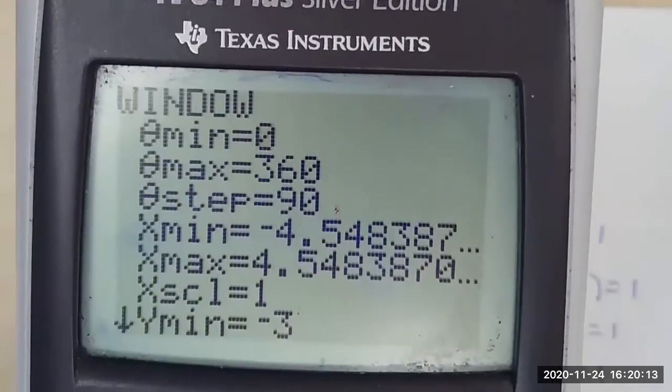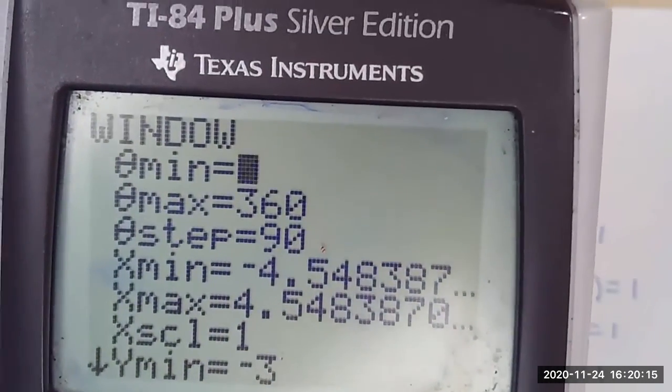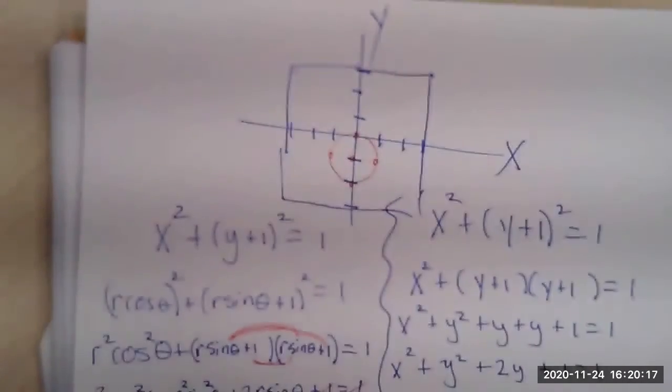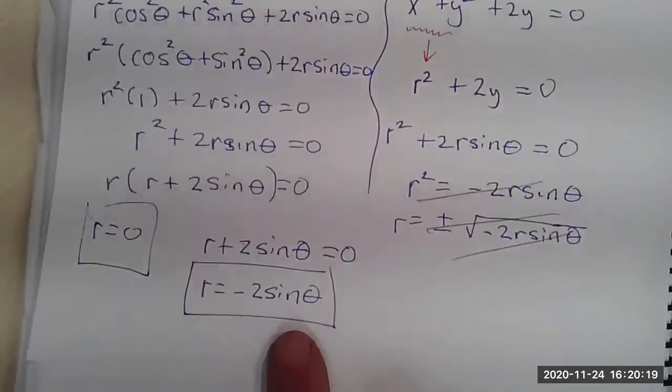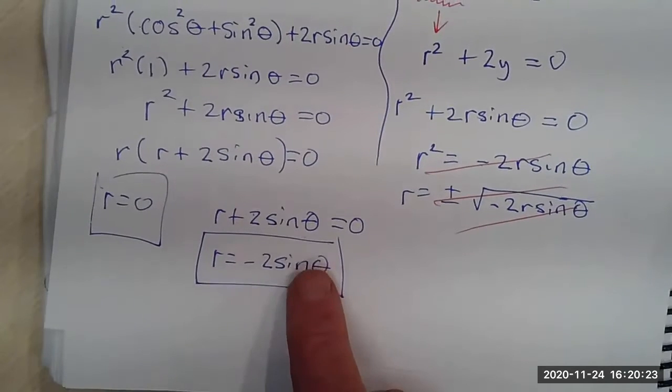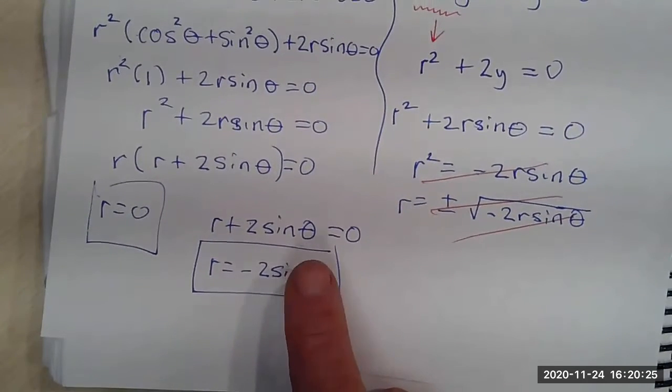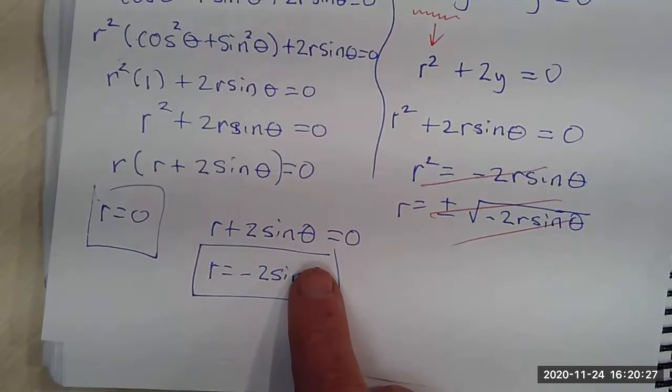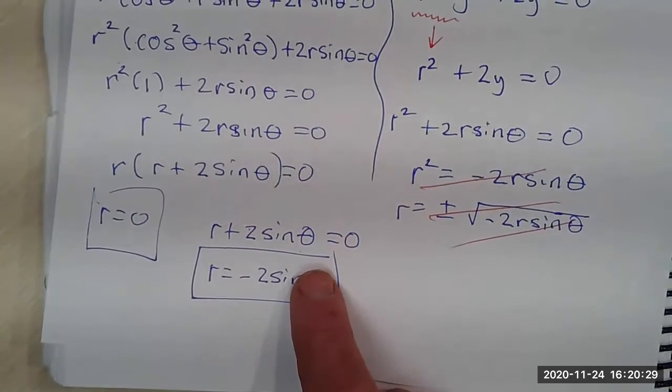Okay, let's go back here. Window. If you go back to 0, what's sine of 0? Anybody, what's sine of 0?